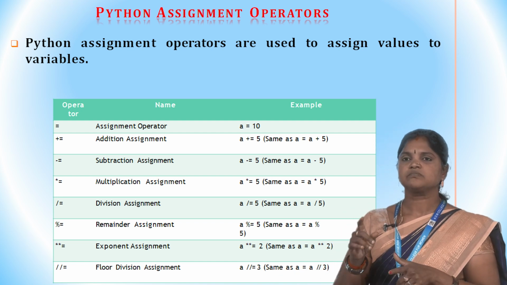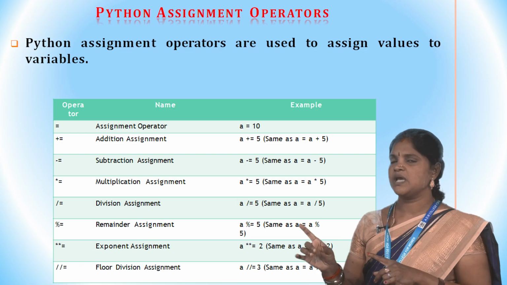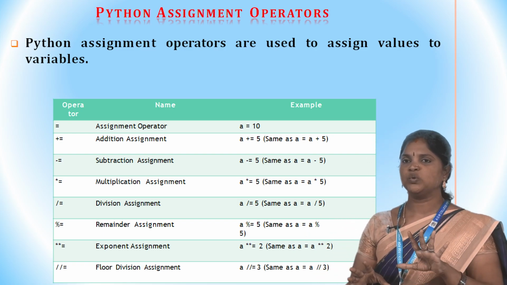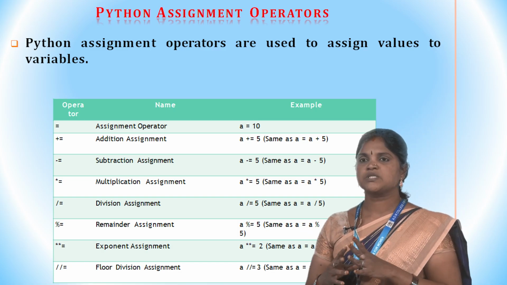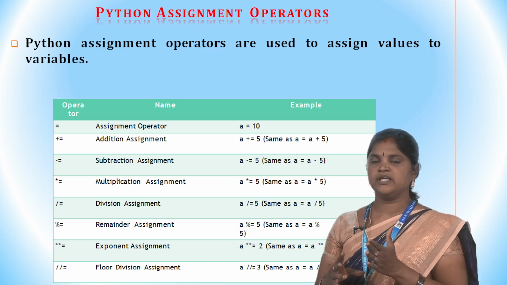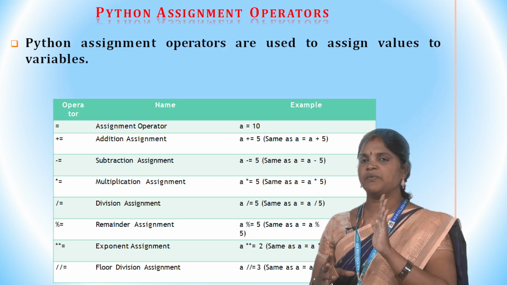Remainder assignment, A %= 5, which is same as A = A % 5. Exponent assignment, A **= 2. It is the same as A = A ** 2. Floor division, A //= 3. It is same as A = A // 3.